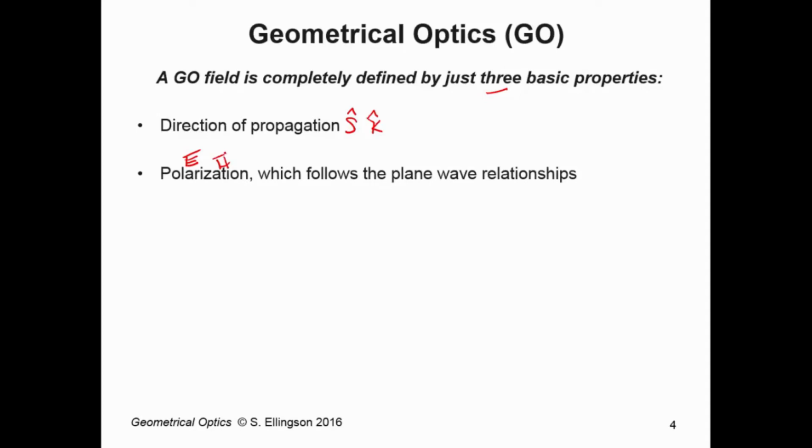In geometrical optics, everything is very simple because polarization and direction of propagation are related by the plane wave relationships. Remember what those relationships are all about: the direction of propagation, E, and H are related as shown in this diagram, right? E cross H gives you the Poynting vector, which is the direction of propagation. And then given E, you can get H from a simple relationship and vice versa.